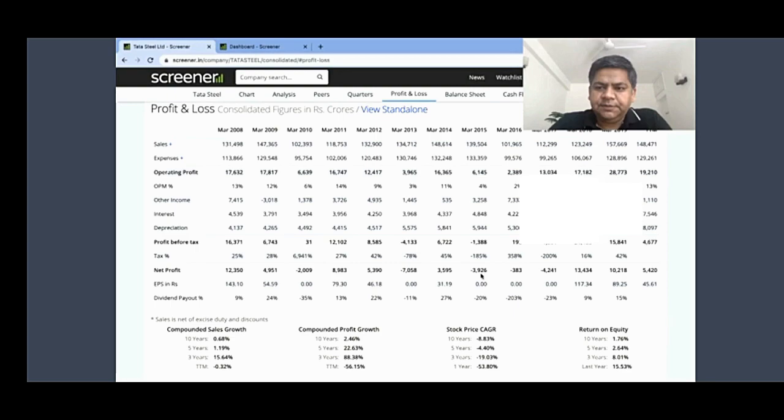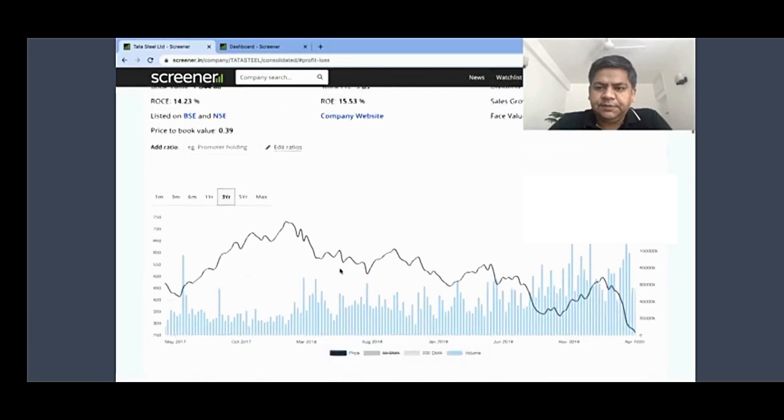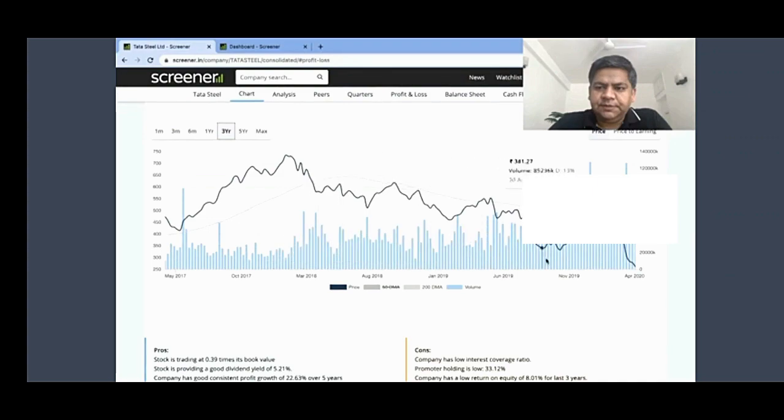Well, in the case of Tata Steel, you can see that it's neither linear nor exponential, and that is one of the reasons. If I see the stock performance, you can see how exactly it has fared.